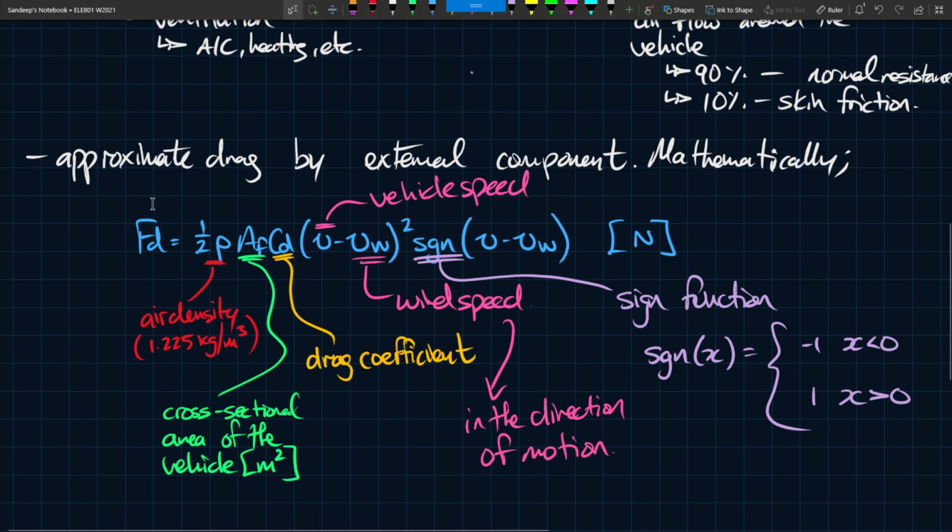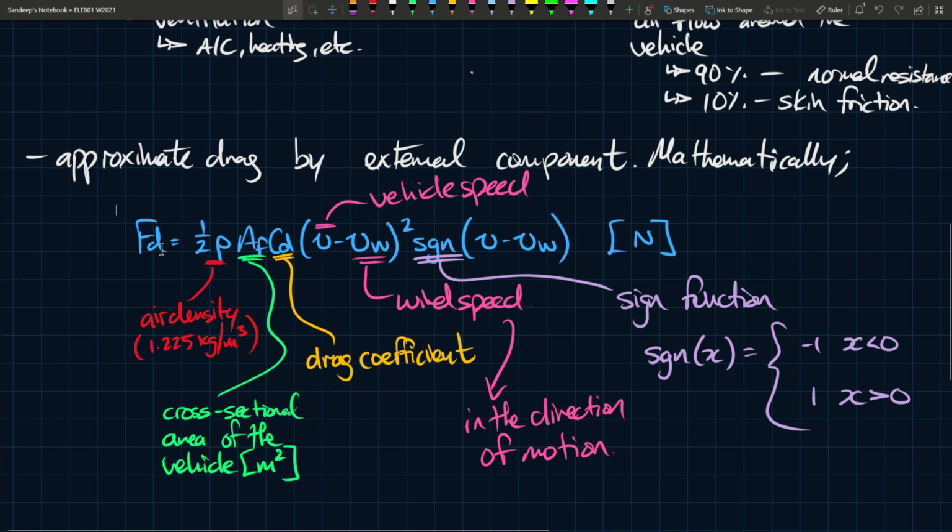So if you think about the drag force for a second, the drag force opposes the vehicle's movement. So if the vehicle is driving, let's say, east, the drag force would be going west.